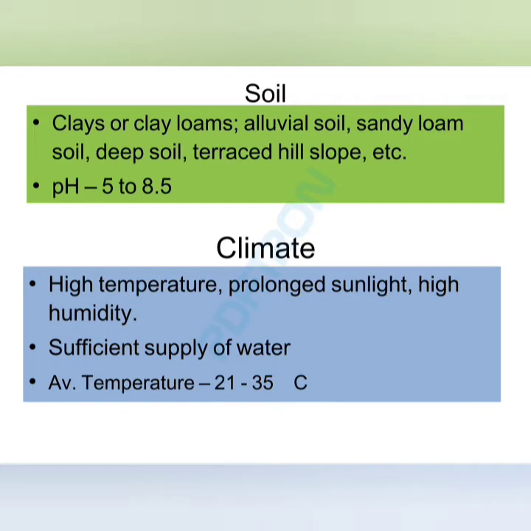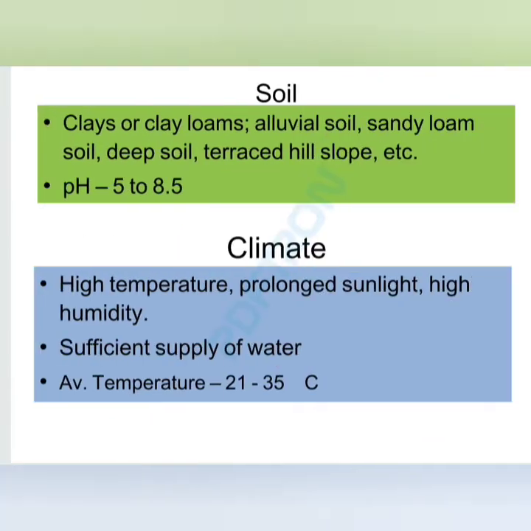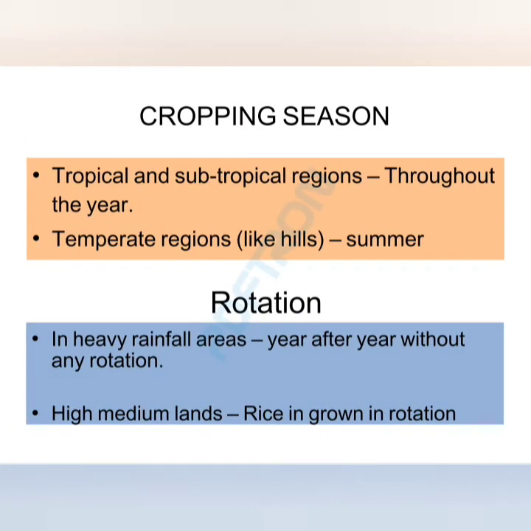Next, coming to the cropping season, the season for cultivation of this particular rice crop. The growing season of rice depends on climatic conditions, and it varies in different parts of India.